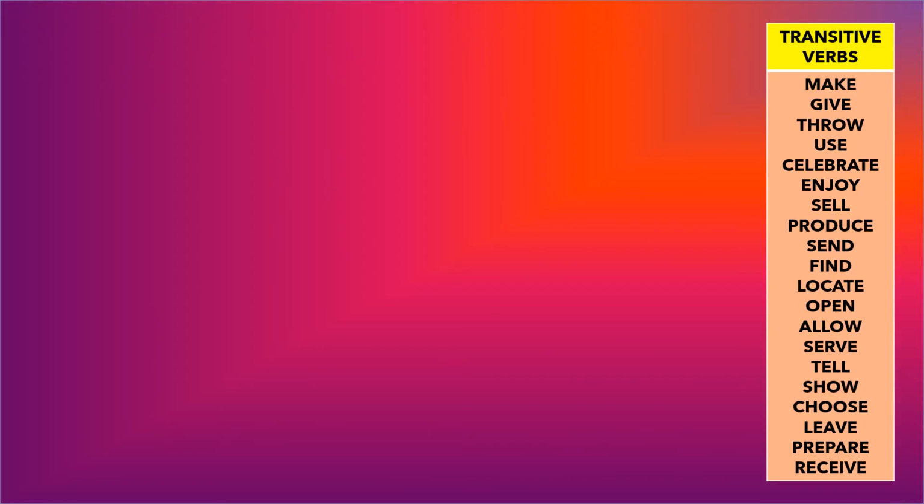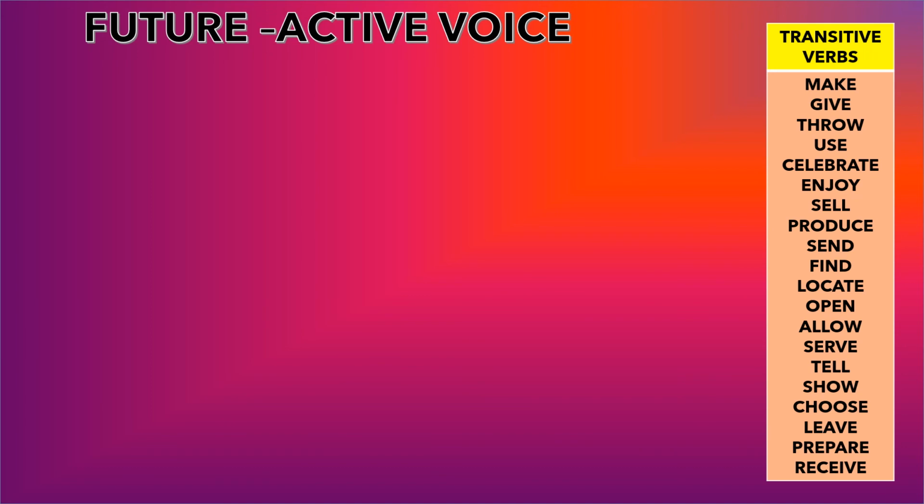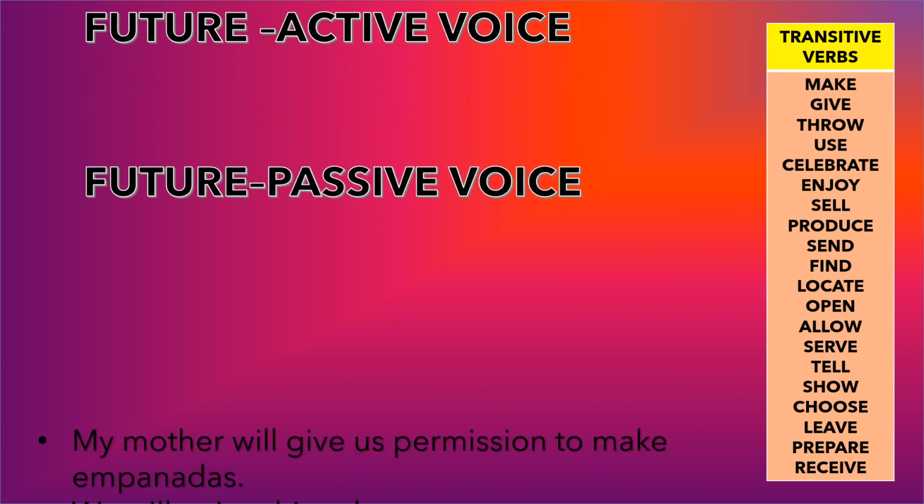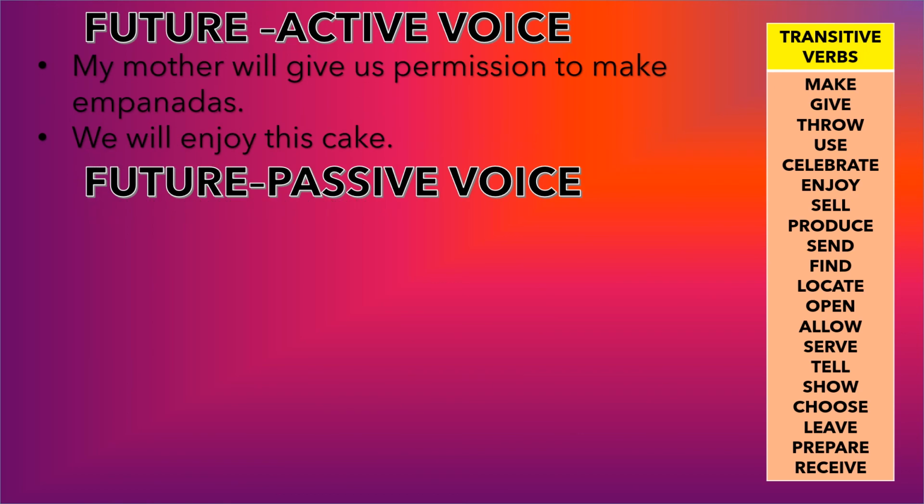And finally, we can have also future active voice and future passive voice. Active voice: my mother will give us permission to make empanadas. We will enjoy this cake. Yum, yum.